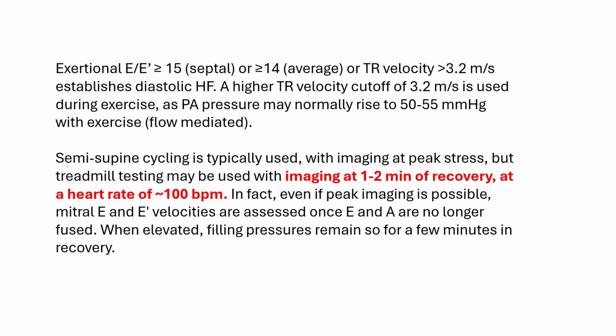We use a higher TR velocity cutoff of 3.2 meters per second instead of 2.8 meters per second at rest, because during exercise, PA pressure may normally rise to 50-55 millimeters of mercury. It's a flow-mediated PA pressure rise, particularly in patients over the age of 50, where their PA pressure reaches 50-55 millimeters of mercury with peak exercise.